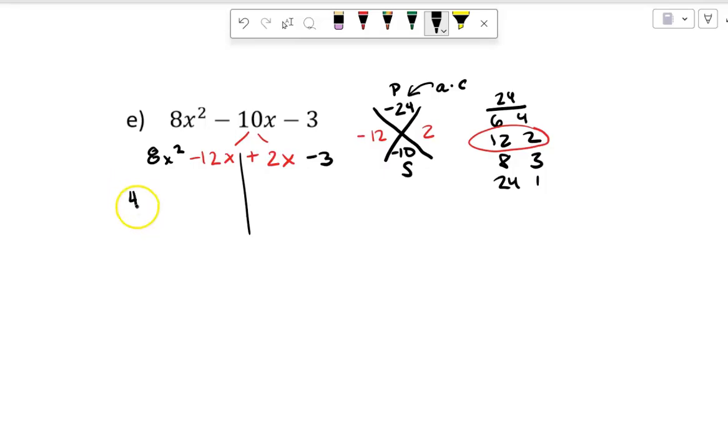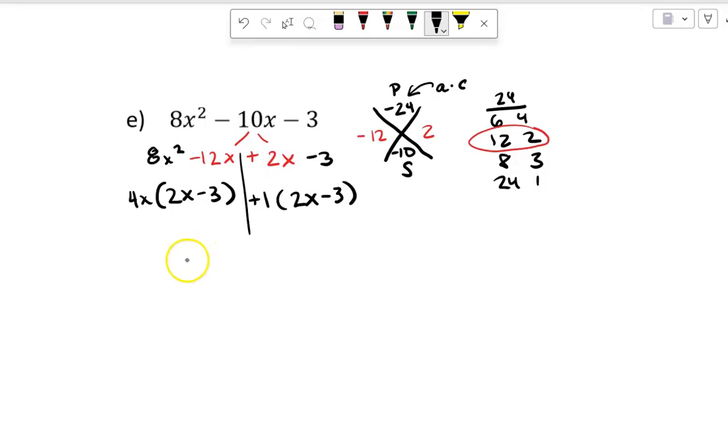On the left side, my GCF is 4x, and I'm left with 2x minus 3. On the right side, I already have 2x minus 3. So because I want to keep 2x minus 3 the same and not change anything about it, I would put a plus 1 on the outside right there.